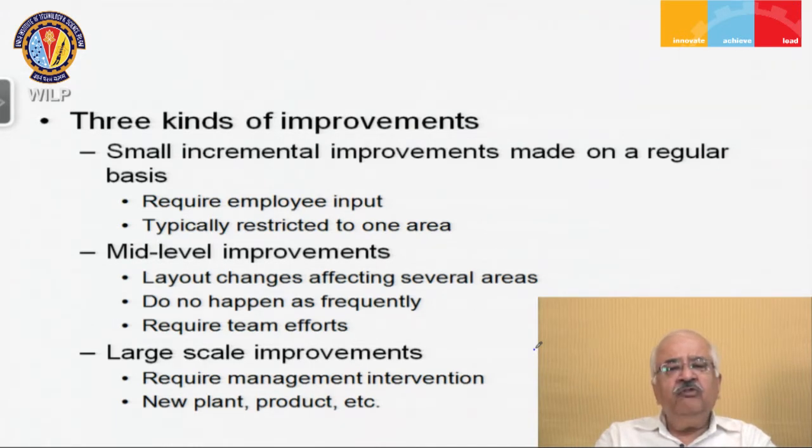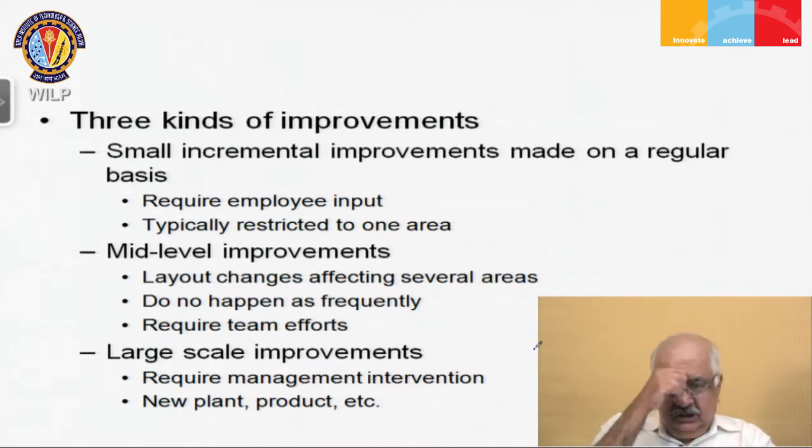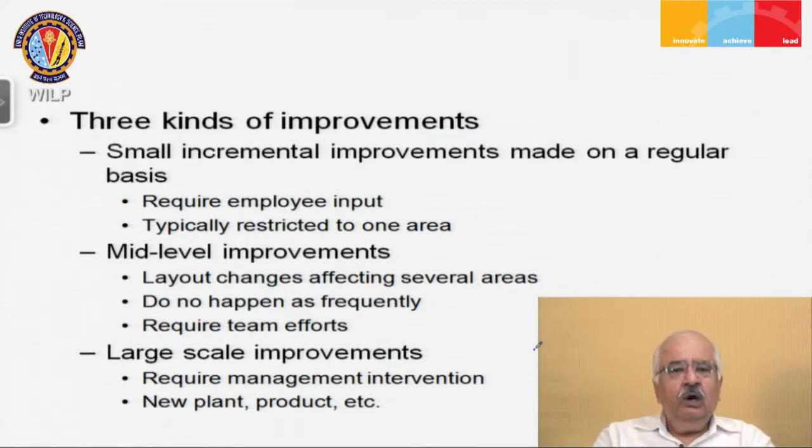And more often than not, the changes are typically restricted to one particular area. They do not necessarily require major management intervention, and these are things which are used very often in the context of what people refer to as Kaizen, or continual improvement, in the context of lean or continuous improvement.